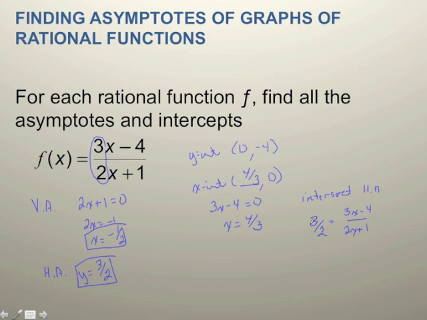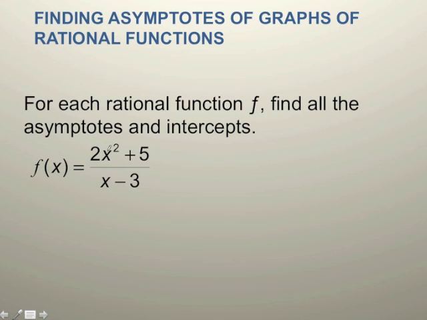Well, look what happens here. We cross multiply. We'll end up with 6x plus 3 equals 6x minus 8. Subtract 6x, we'll end up with 3 equals negative 8. That's a no, so it does not intersect the horizontal asymptote.